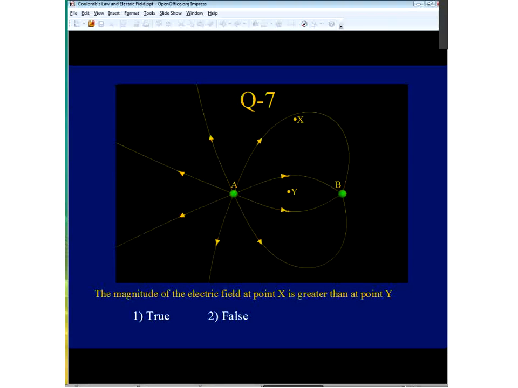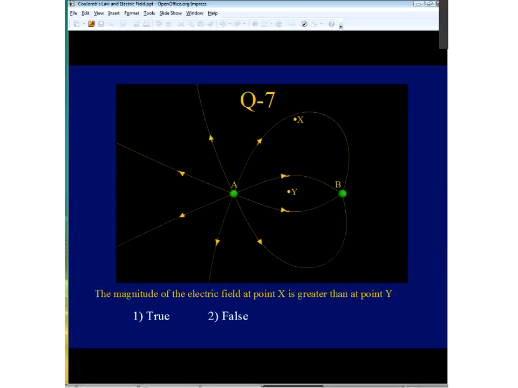All right. You agree or disagree? X greater than Y. See closeness of lines. Take two lines. See how close they are near X, how close they are near Y. So it's false. Near X, if you take two lines, they are really far away.